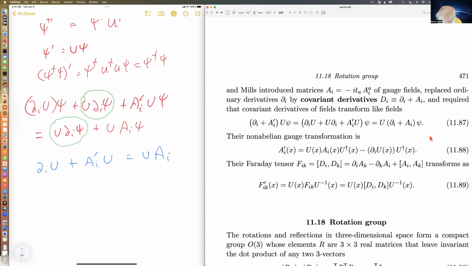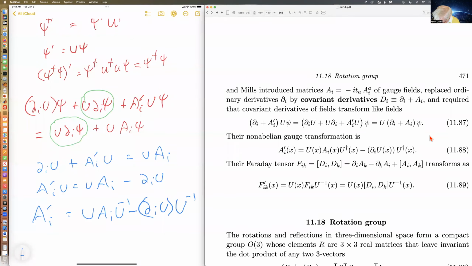And so this tells us then that AI prime U is U AI minus di U. And now U is just a unitary matrix, so we multiply by its adjoint or its inverse, and we get a formula for AI prime. And it's equal to U AI U inverse or U adjoint, minus di U, U inverse. Or, well, let me leave it that way. I think it's better to leave it that way.